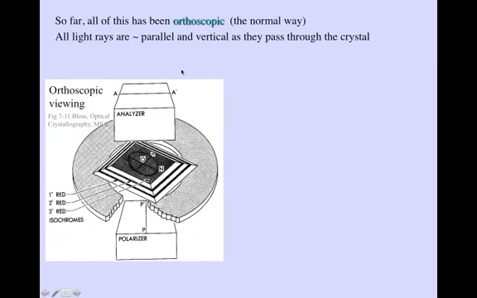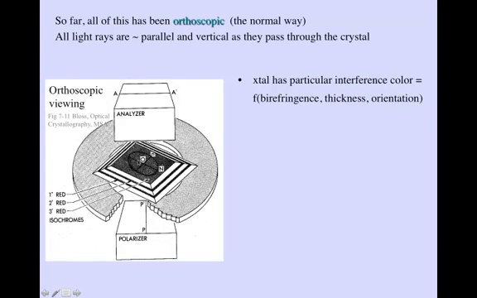Now, there's a feature of crystals in thin section that we can exploit to help estimate which order birefringence we're looking at. And these are called isochrons.